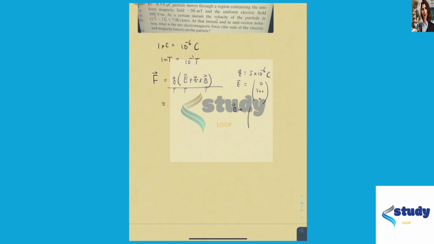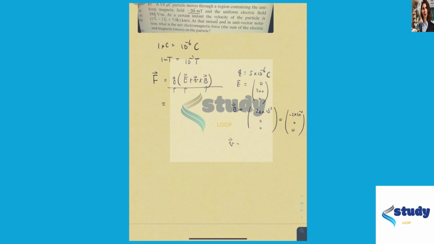Where is B? Okay, B is here, -20 mT, and it's in the x direction. So -20 times 10 to the -3, 0, 0, which is -2 times 10 to the -2, 0, 0. And what about the velocity vector?